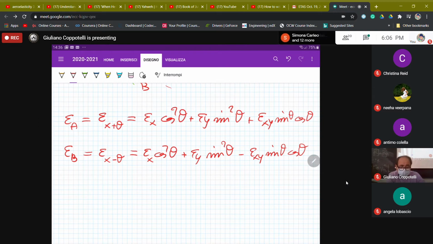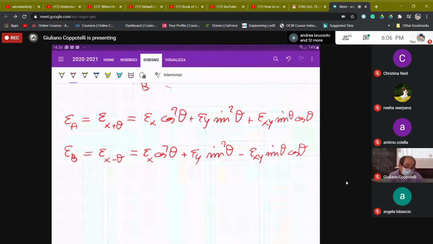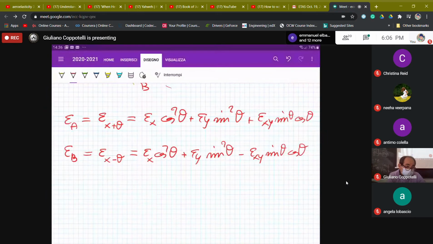Once again, these are the strains measured by strain gauges A and B, in the two directions plus theta and negative theta, expressed in terms of the strain in the XY reference frame.